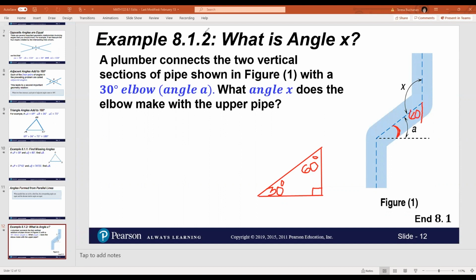That's a 60-degree angle. And isn't that on a straight line? Isn't that a straight line angle such that if I know that this one is 60, doesn't that automatically tell me that that next one has to be, and I'm hoping you're saying 120, right?